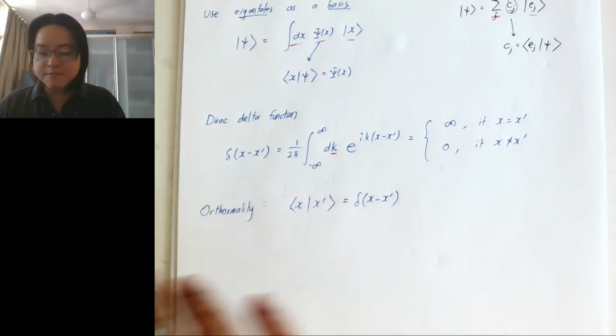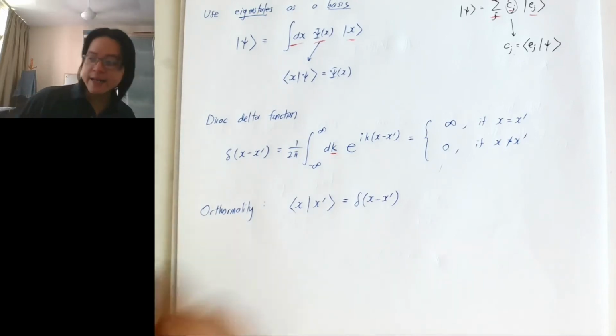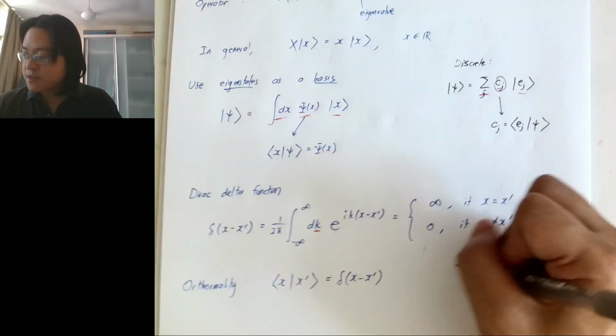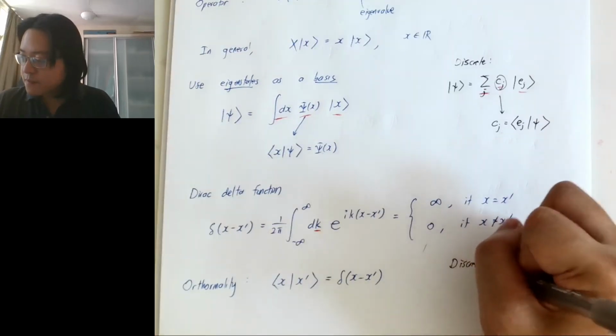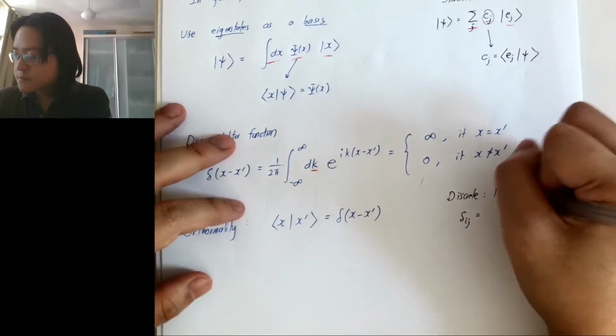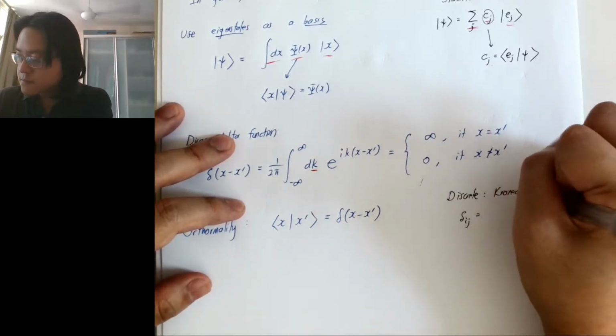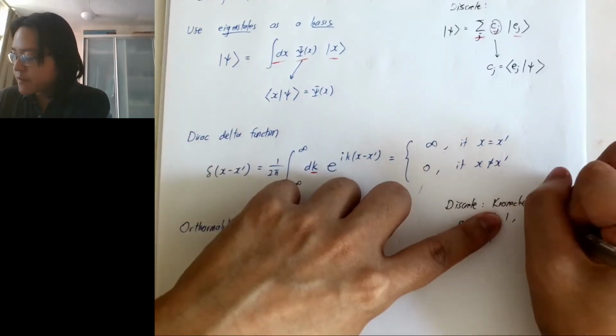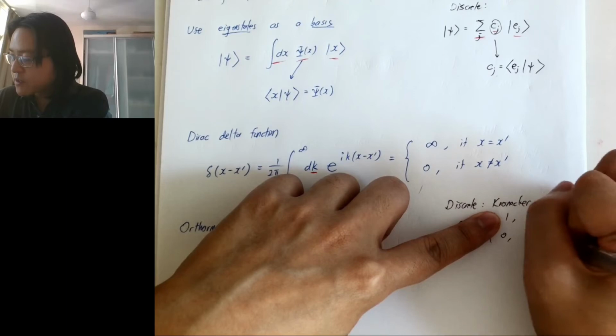Okay, so it's some technical requirement, but it kind of generalizes the discrete case where we have the Kronecker delta. Right, so Kronecker delta, instead of infinity, is 1 if i equals j, 0 if i not equals j.